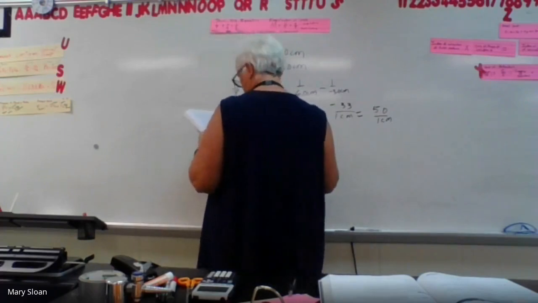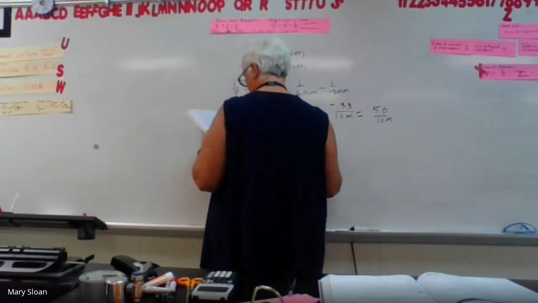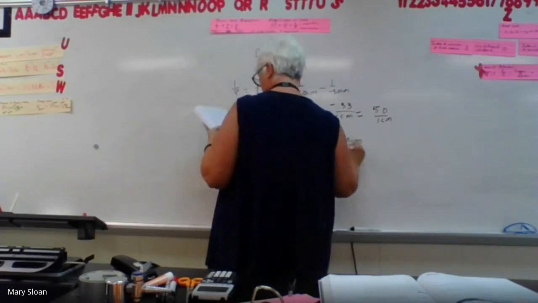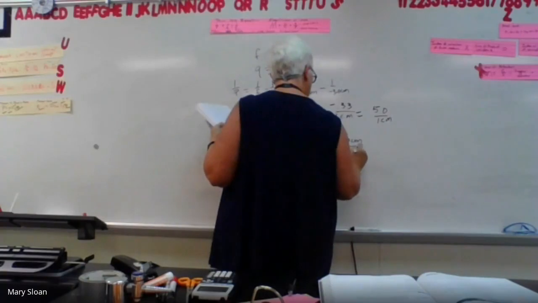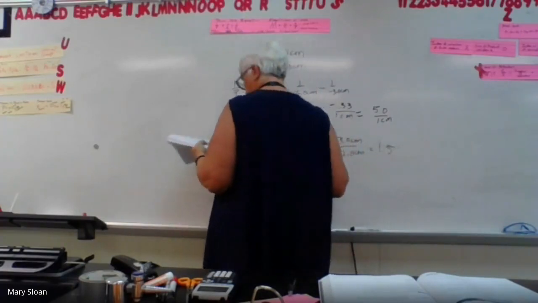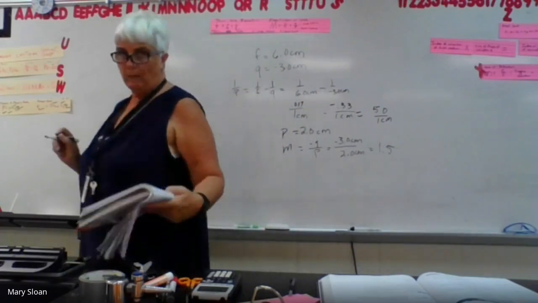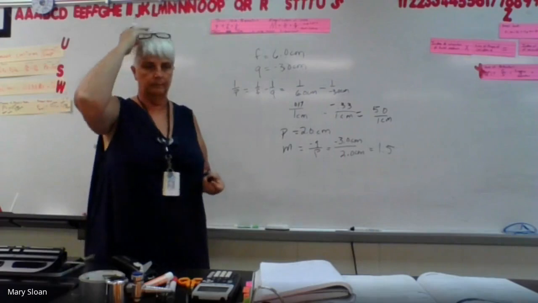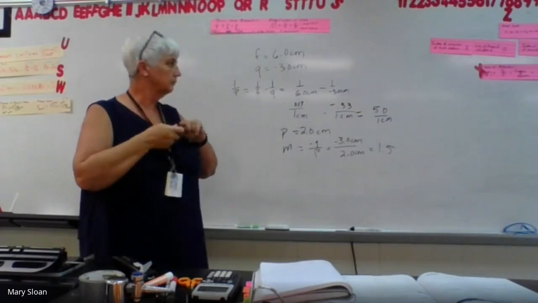My M equals negative Q over P, which is negative 3.0 centimeters over 2.0 centimeters, which gave me 1.5. Is that what you got for 4A? Yes, ma'am.